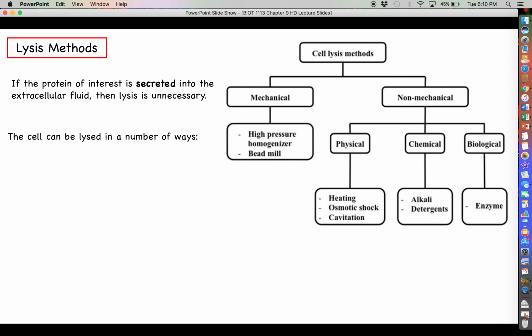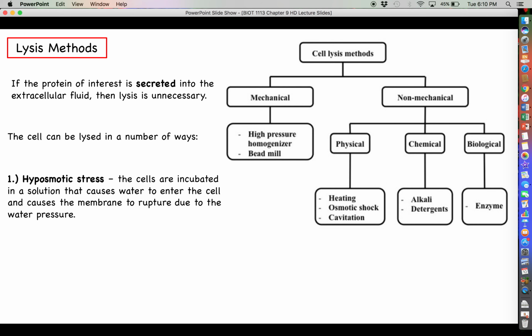Cell lysis can be achieved in a number of different ways. One of the most common is by applying hypoosmotic stress. The idea here is that cells are incubated in a solution that will cause water to enter the cell by osmosis.